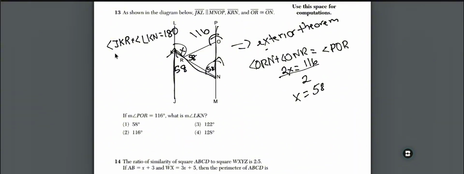Because I know angle JKR to be 58, I can figure out angle LKN. Subtract 58 on both sides. The measurement of angle LKN is going to equal 122.